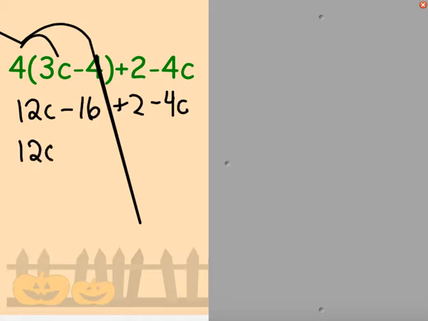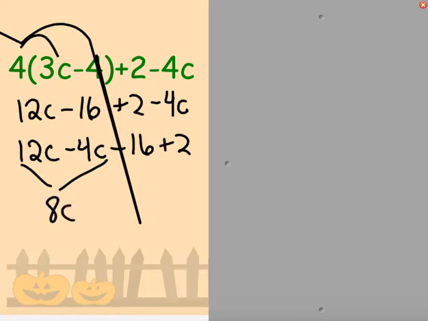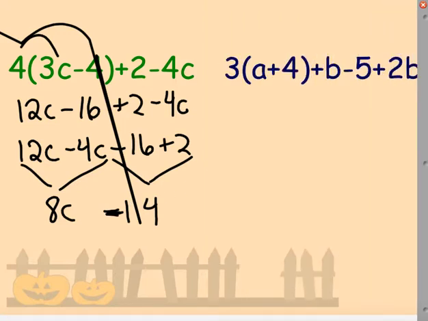So we have 12c minus 4c, and then we have my minus 16 plus 2. Well, I can combine these because they are like terms. They both have c, so that I have 8c. And these I can combine to be minus 14. The question is, can I combine 8c and negative 14? No, they have to stay like that because they are not like terms. 14 does not have a c, so I leave it as that.